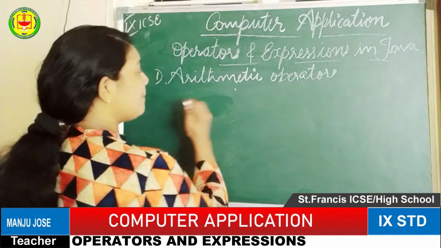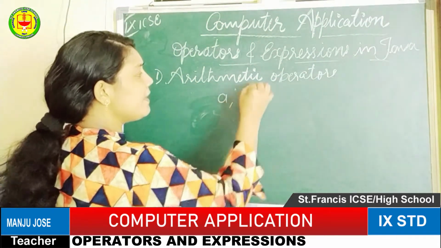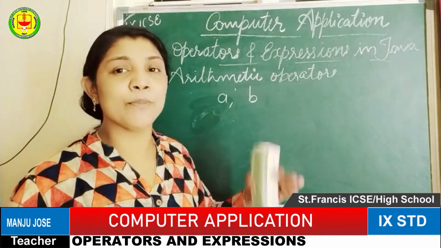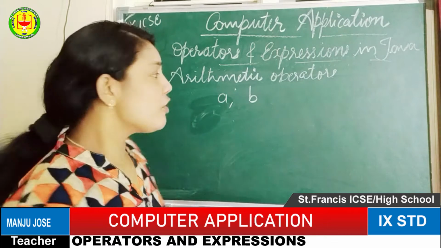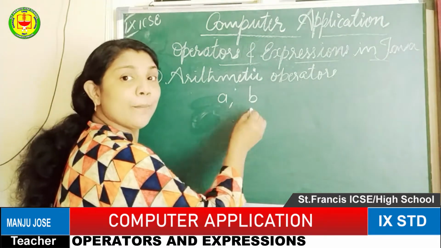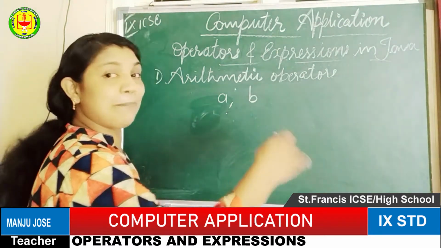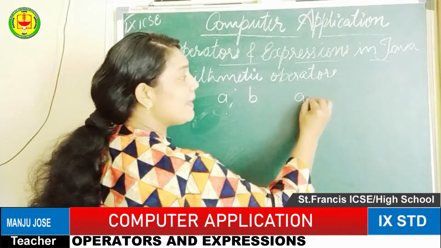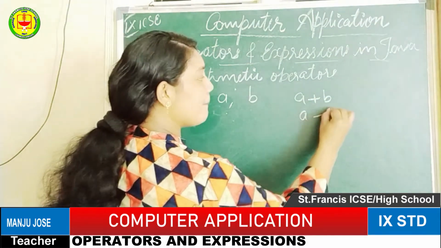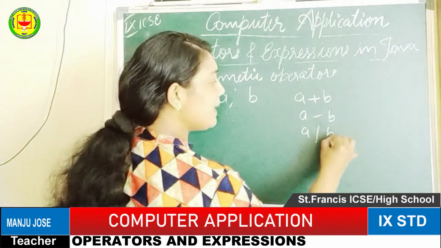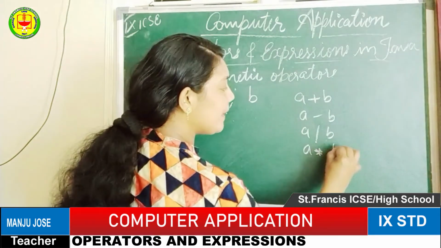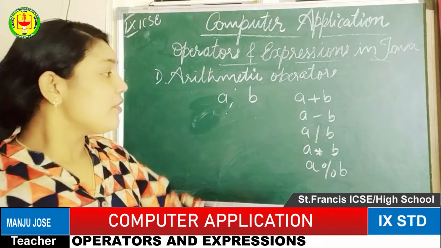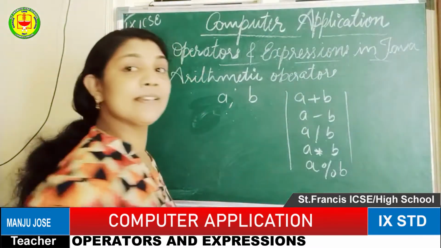For example, A and B are two numbers, because we are assuming some value for these variables. Using these two variables, how can we explain the operators in integer arithmetic? Simply: A plus B, A minus B, A divided by B, A into B, A mod B. This is the representation for integer arithmetic.